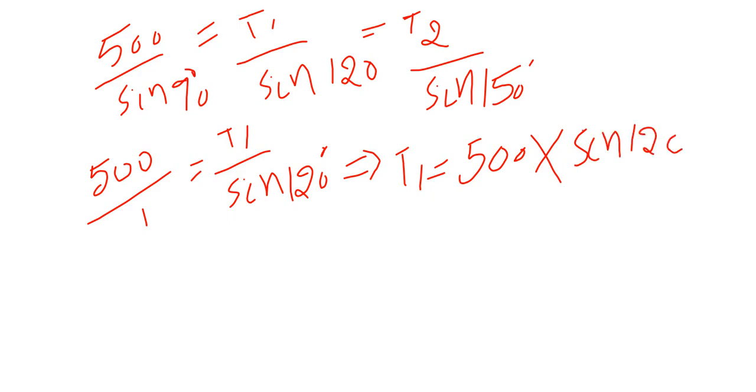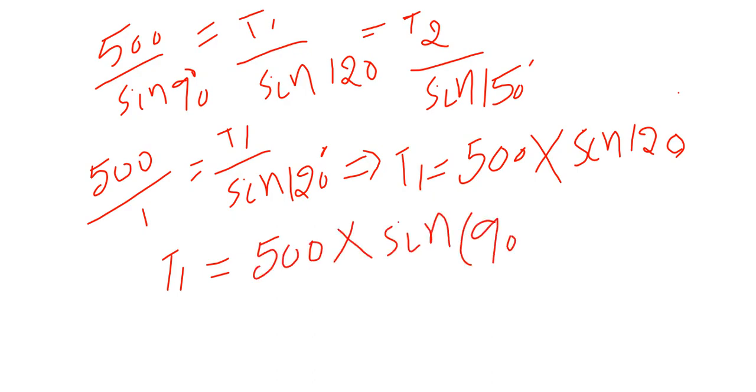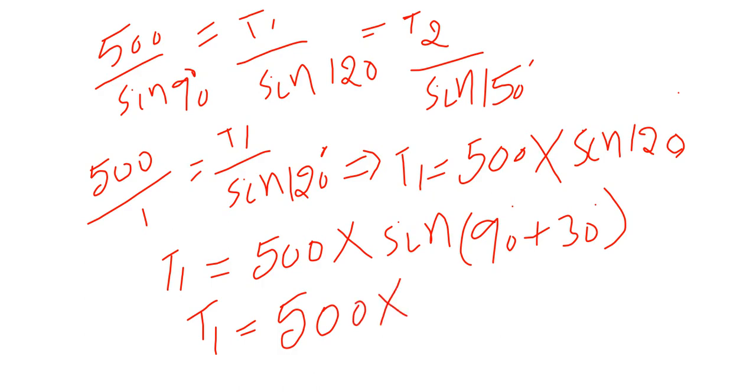Sin 120 can be written as sin of 90 degrees plus 30 degrees, that is 500 into cos 30.